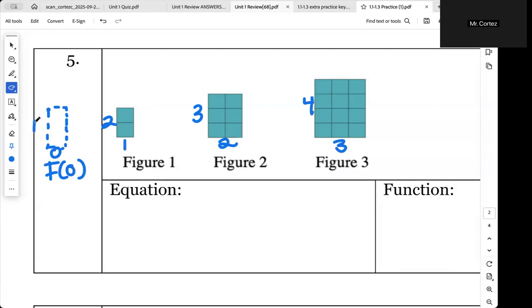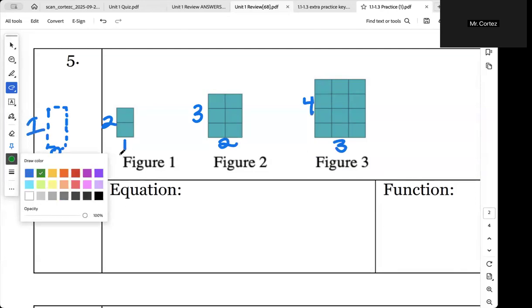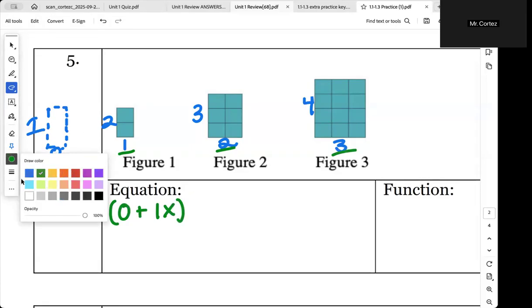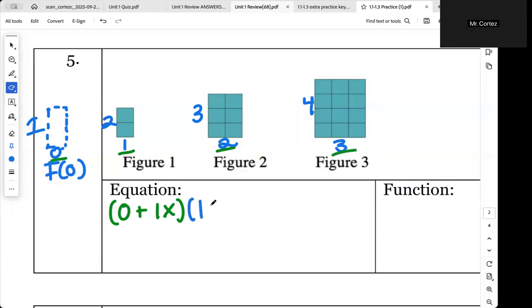Hopefully you say 1. So in green, talking about the widths, this definitely starts at 0, and I keep adding 1 x times. That's for the width. And then for your height, that's starting at 1. You add 1 x times.